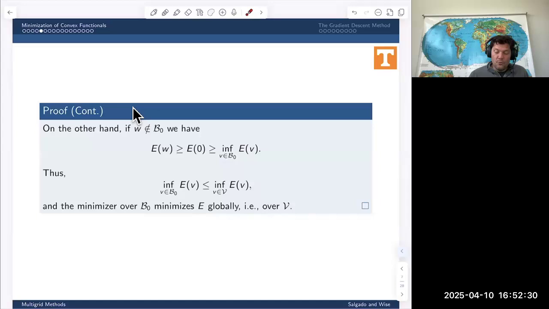But this implies right away that the infimum over B0 has got to be less than or equal to the infimum over the whole space.